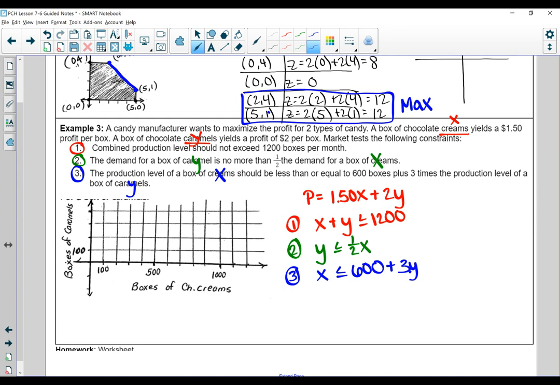Okay, so those are my 3 constraints, which I need to graph.